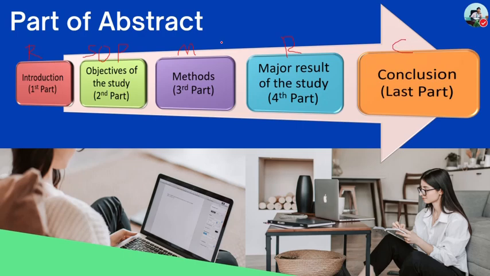Okay, conclusion. So the rationale, the SOP, or introduction part of the abstract and the objectives of the study part of the abstract can be found in chapter 1, and the methods can also be found in chapter 1. Okay, so I'll just erase this one.